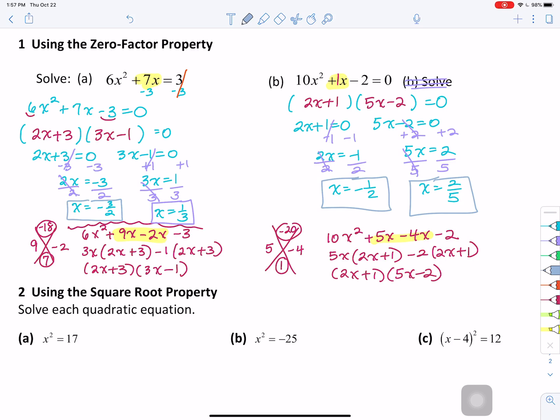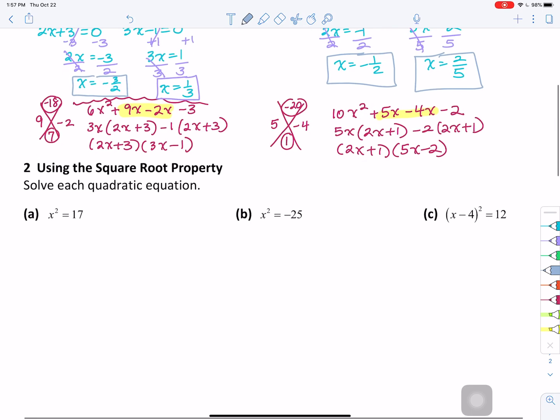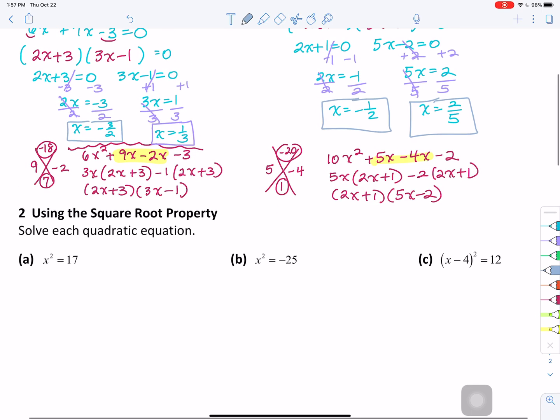And the second concept in this first part of this section was using the square root property. Now, as you can see, there is no x term. We have a squared term and a constant term. Now think about this, a squared term and a constant. When you have that, you can use the square root property.